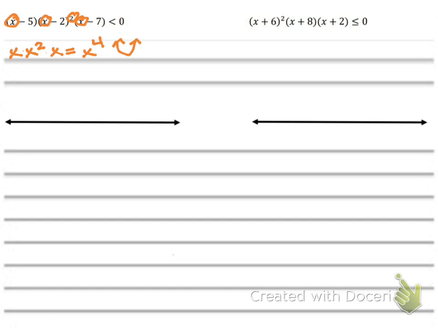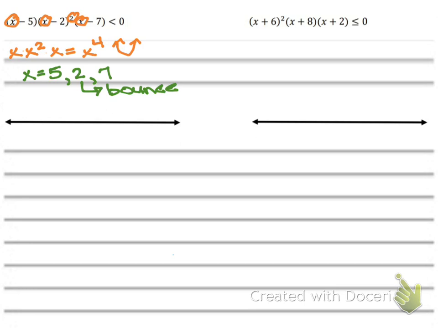Now let's pull out our zeros. We have a 5, a 2, and a 7. That 2 is going to bounce, right? Because it has an even multiplicity, because it's squared.